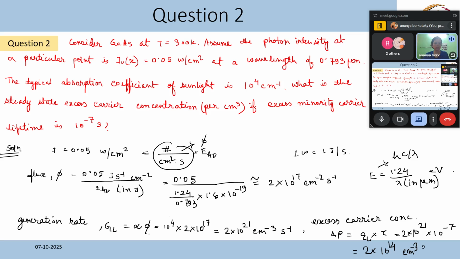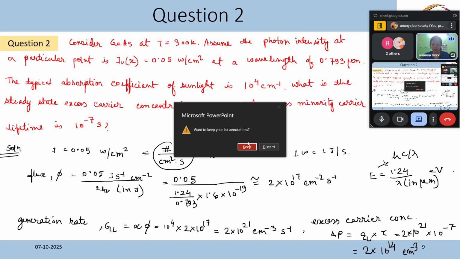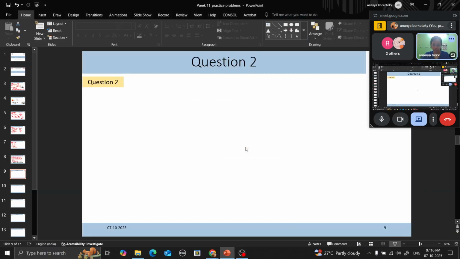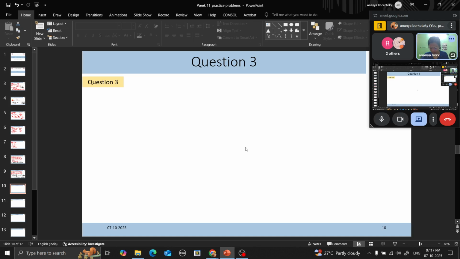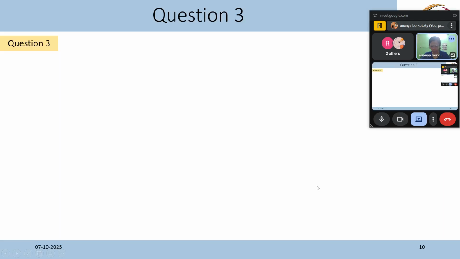If the generation rate is given, you can directly calculate the excess carrier concentration with the help of the minority carrier lifetime. Okay. Next question.